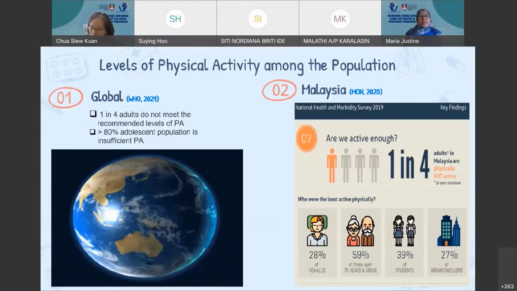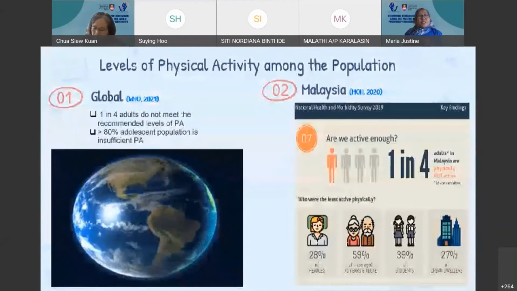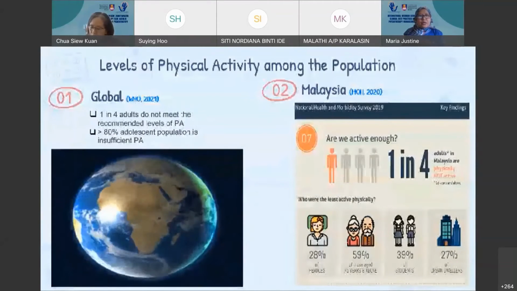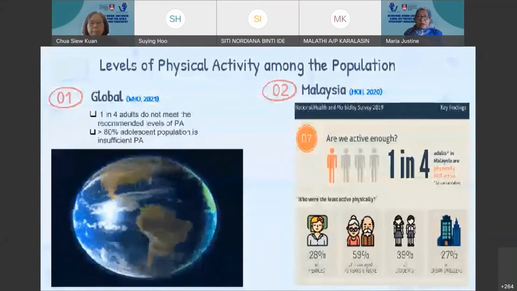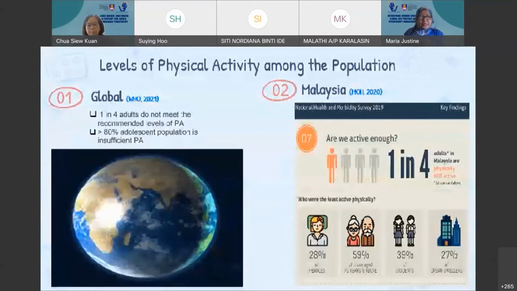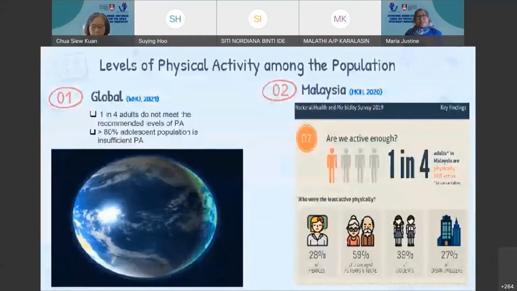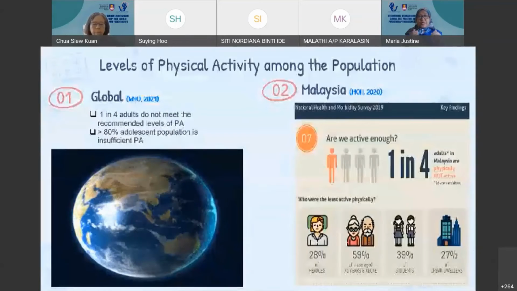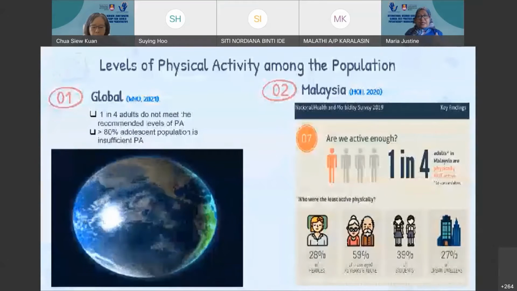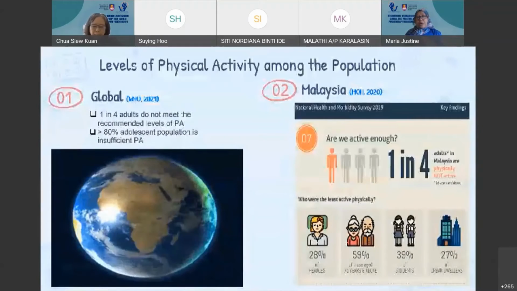But that said, according to WHO, the World Health Organization, in 2021, globally, 1 in 4 adults do not meet the recommended levels of physical activity, and among adolescents, more than 80% have insufficient physical activity. This figure is similar to the scenario in Malaysia, where about 1 in 4 of those 16 years and above are physically not active.